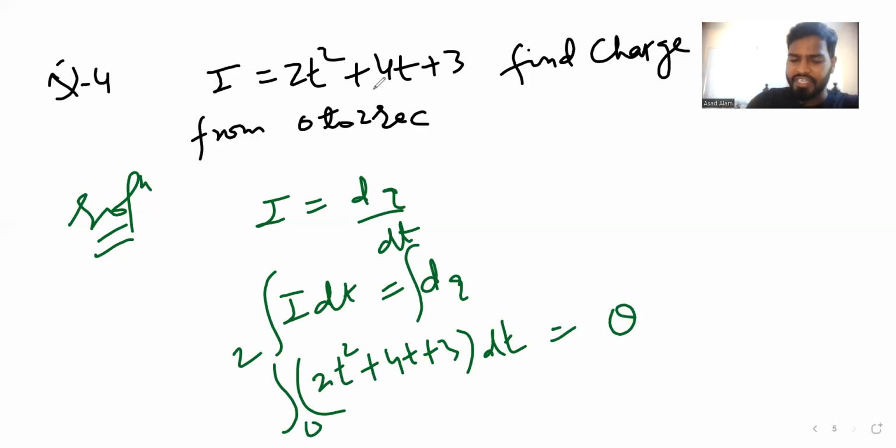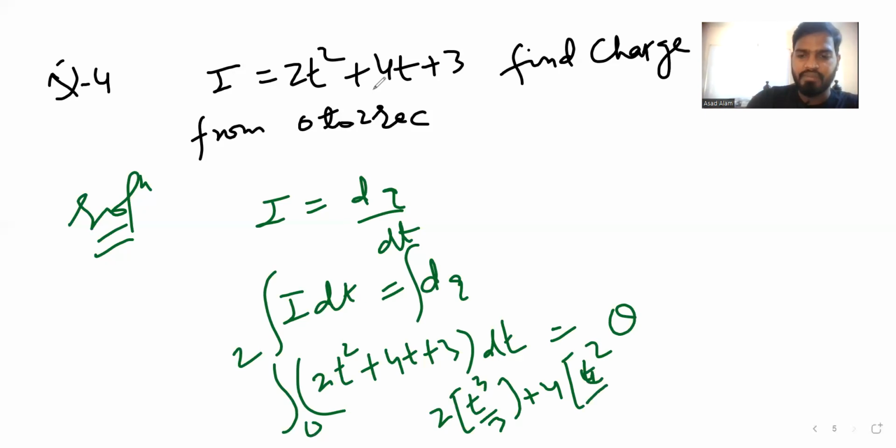Now integrate it. If you integrate 2t square, that is going to be 2 into t to the power 3 by 3, plus, for x to the power n, the integral is x to the power n plus 1 divided by n plus 1, so 4t square divided by 2, and after that 3t.